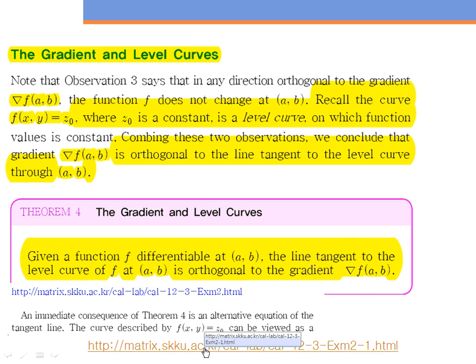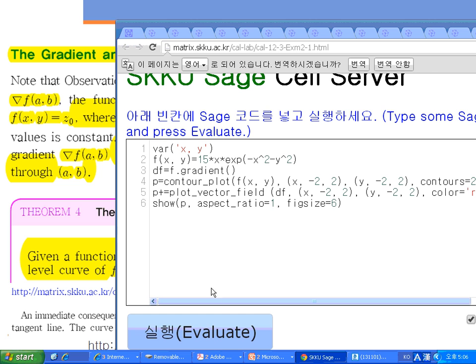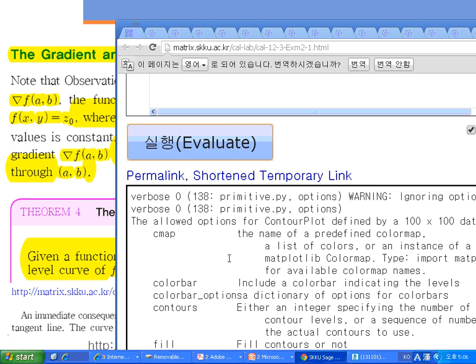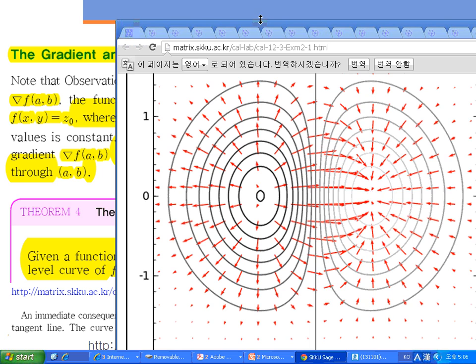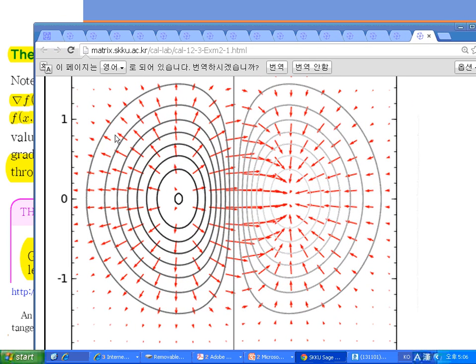The immediate consequence of theorem 4 is an alternative equation of the tangent line. The curve described by this can be viewed like this. As you see, these are the level curves, and these are the directional derivatives.